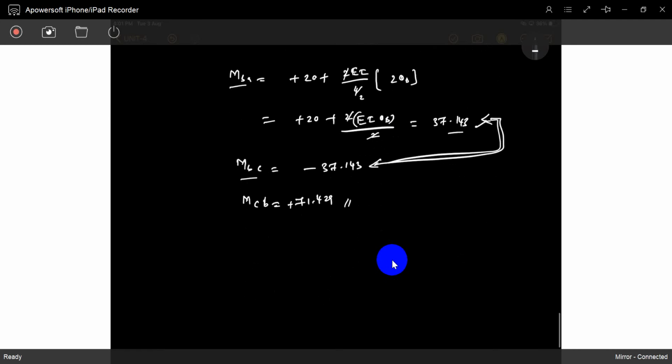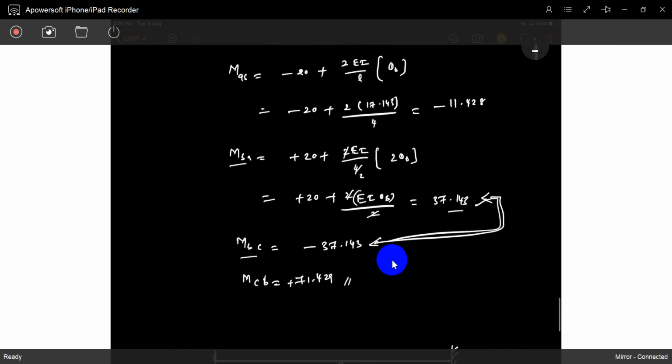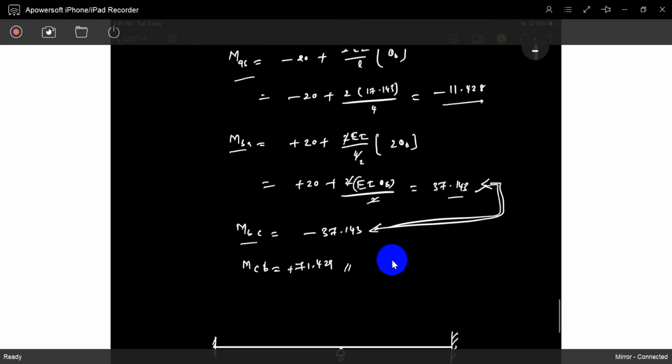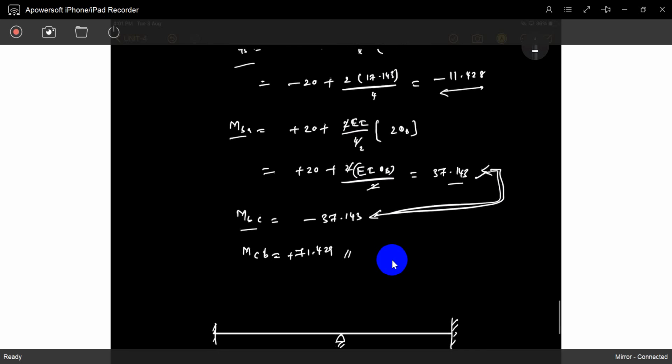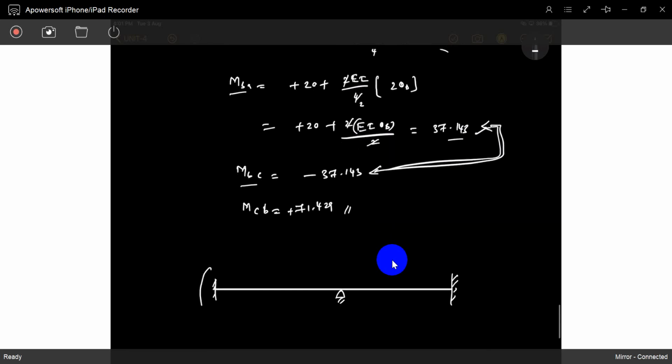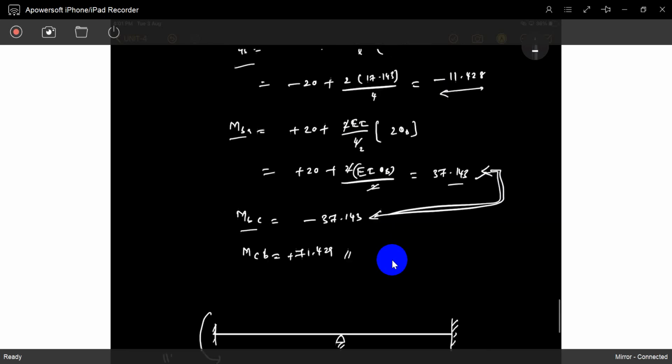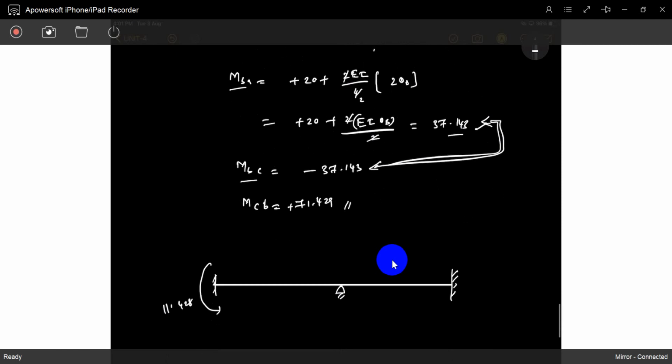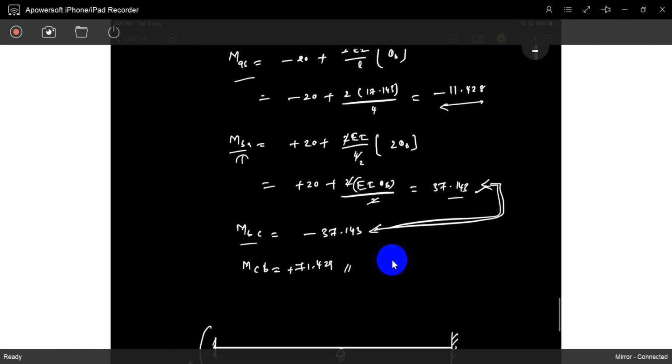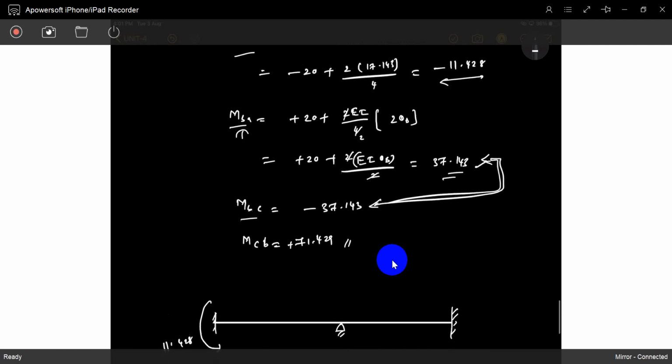Now observe it. For AB it is minus 11.428. Negative means anticlockwise. Otherwise, MBA is 37.143, positive.